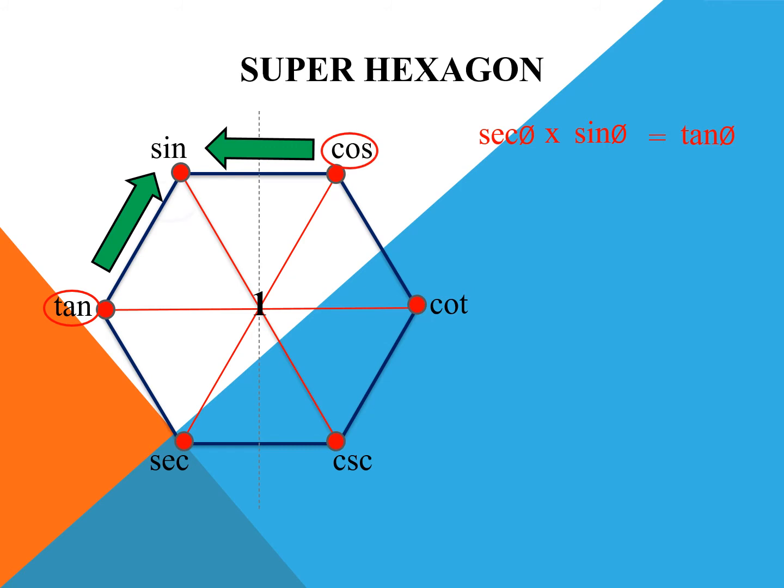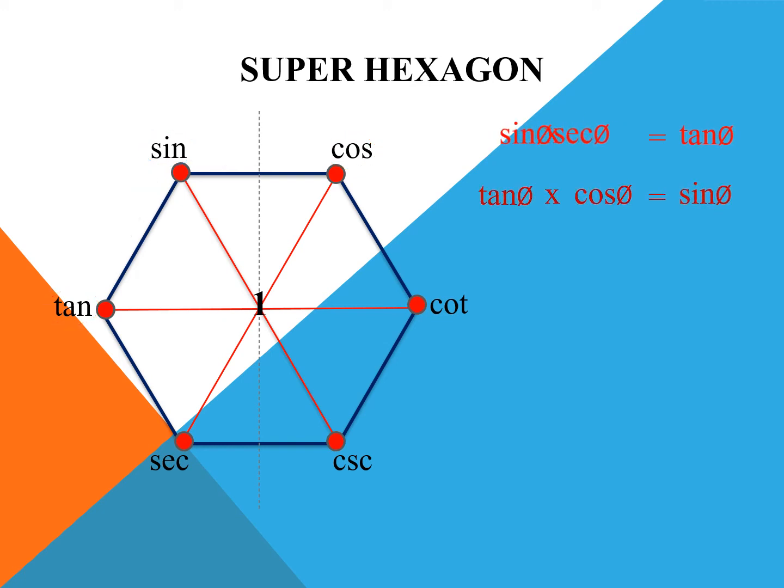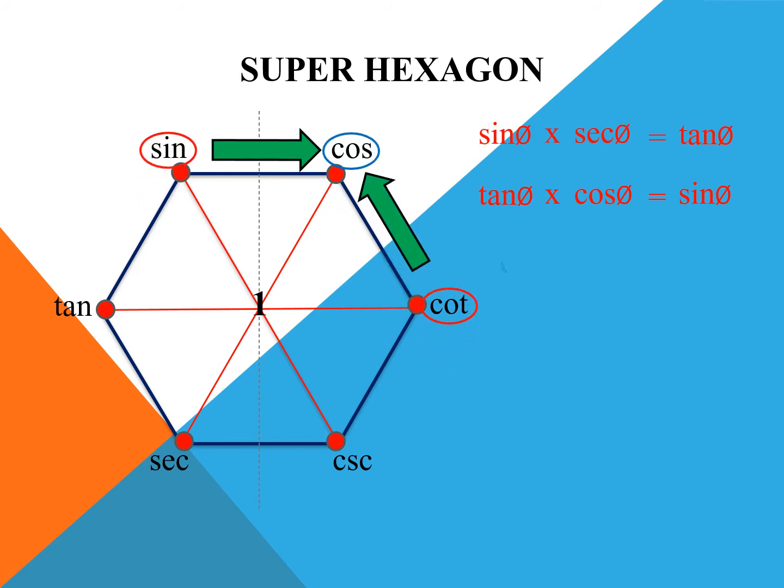Tangent theta multiplied by cosine theta is equal to sine theta. Sine theta multiplied by cotangent theta is equal to cosine theta.